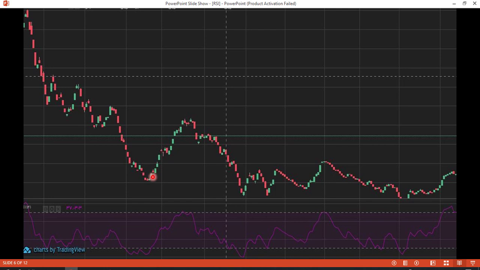But we should pay attention to this important key point: before this buying signal we have been in a downward trend. The major trend is a downward trend, so we cannot take a buying position.